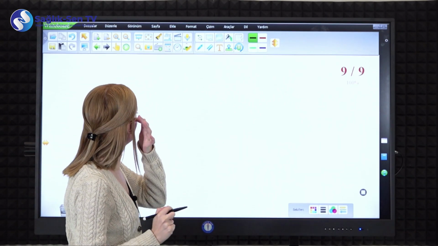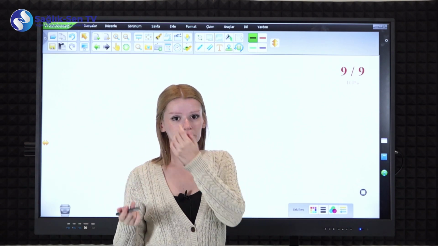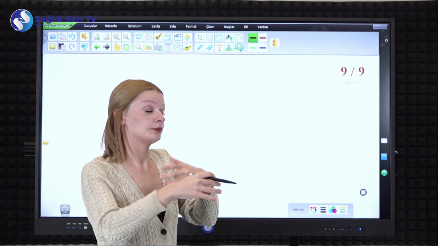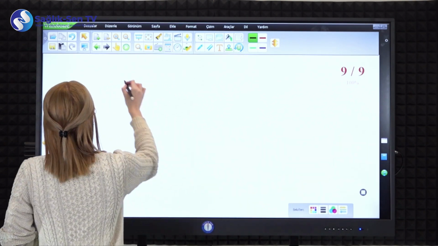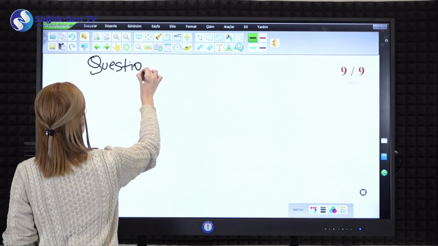Son olarak let's give examples of the question form of present simple tense. Then we will see present progressive. Question examples.